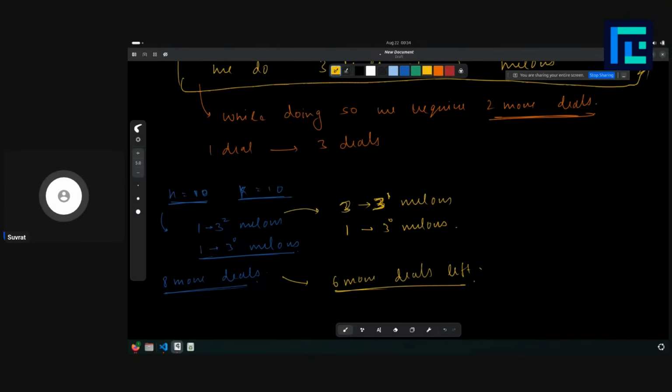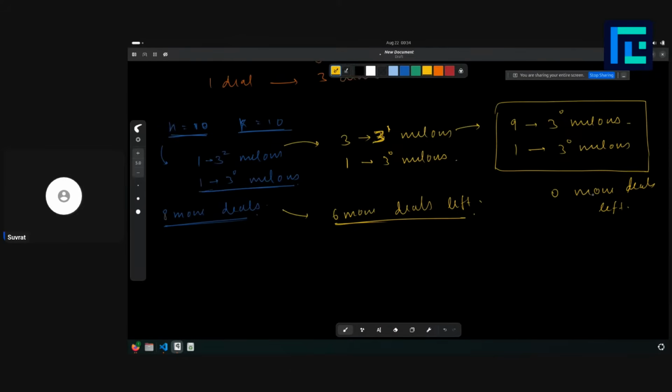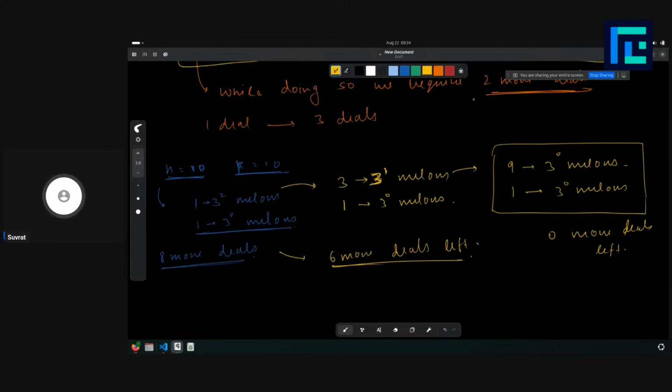Since we have exactly 3 powers of 3 here, what we can do is transform this into 9 deals of 3 to the power 0 melons, and 1 we already had. So now we would have 0 more deals left, and we can now calculate the cost of this because we would have maximized our savings.